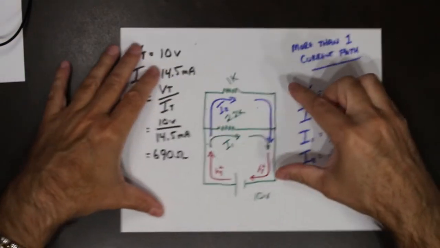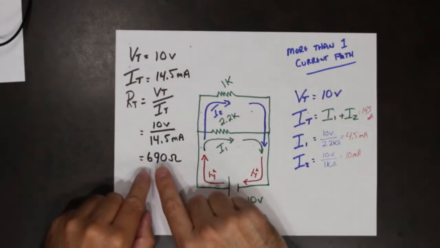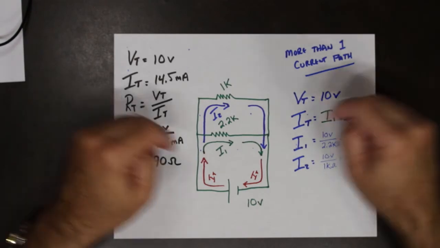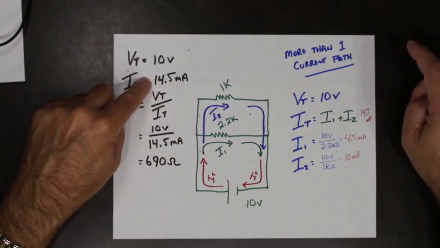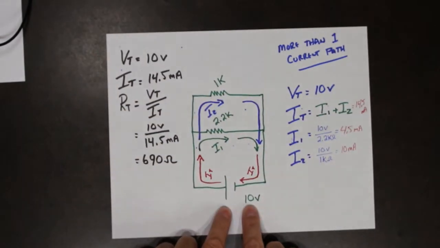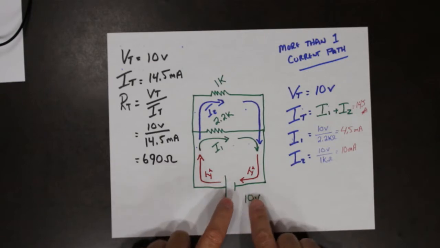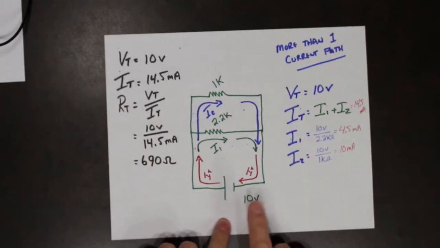So the total resistance of that circuit calculated is 690 ohms. The total current of that circuit is 14.5 milliamps. The total voltage is 10 volts. We have one battery supply and it supplies everything.